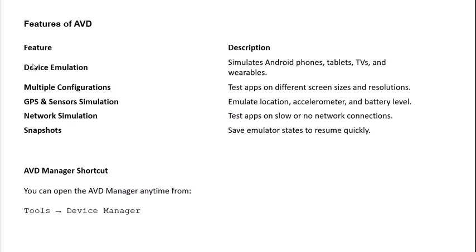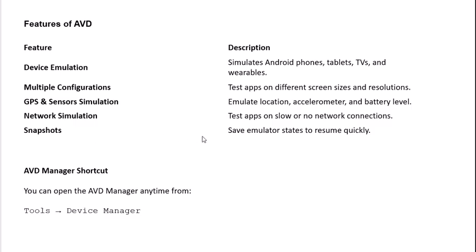Features of AVD. Device emulation simulates Android phones, tablets, TVs, and wearables, with multiple configurations to test apps on different screen sizes and resolutions. GPS and sensor simulation can emulate locations, accelerometer, and battery levels. Network simulation lets you test the apps on slow or no network connections.